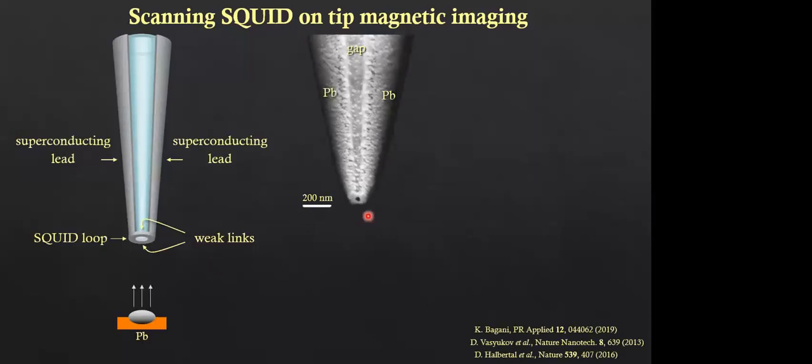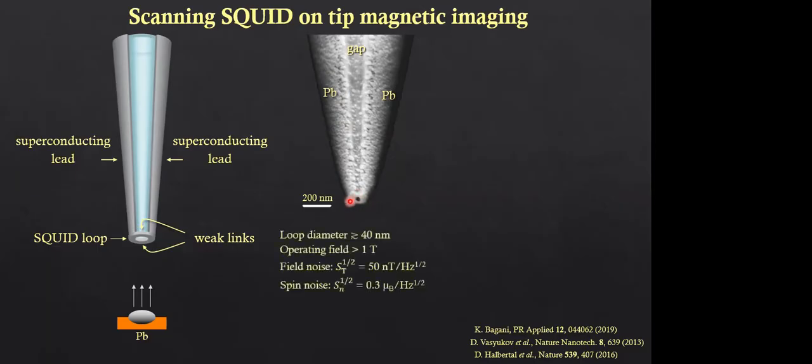And this is a scanning electron microscopy image of this SQUID-on-tip. These are lead films, and the diameter of the SQUID here is about 130 nanometer. We can actually go to a loop diameter of about 40 nanometer at the minimum, and the SQUID can operate up to about 1 Tesla.